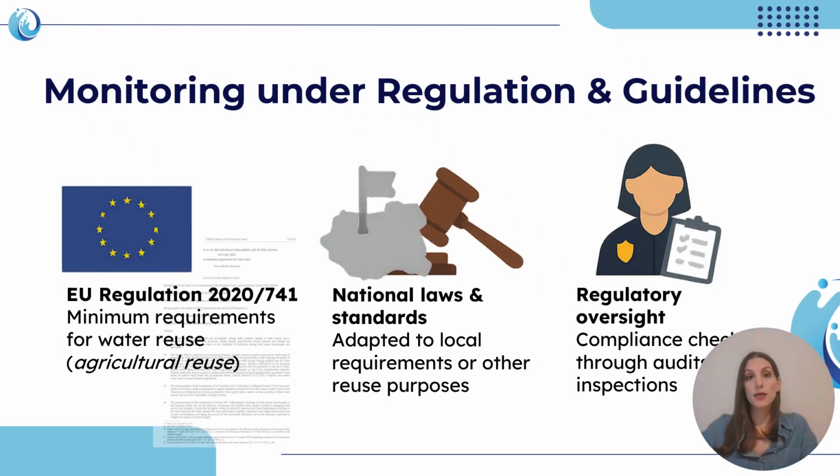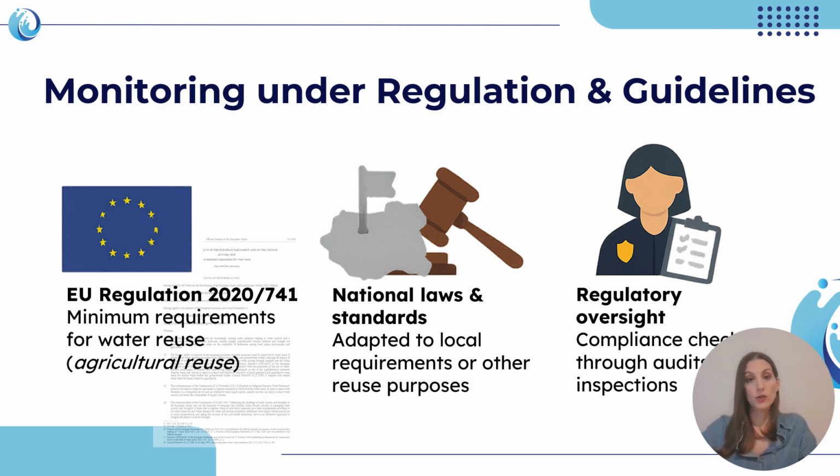Beyond daily checks and laboratory tests, monitoring is also shaped by laws and standards that ensure consistency and accountability. For example, at the European level, the regulation on water reuse defines the minimum monitoring requirements for agricultural water reuse. It defines key microbiological and physicochemical parameters to ensure that reclaimed water is safe for crops and consumers.